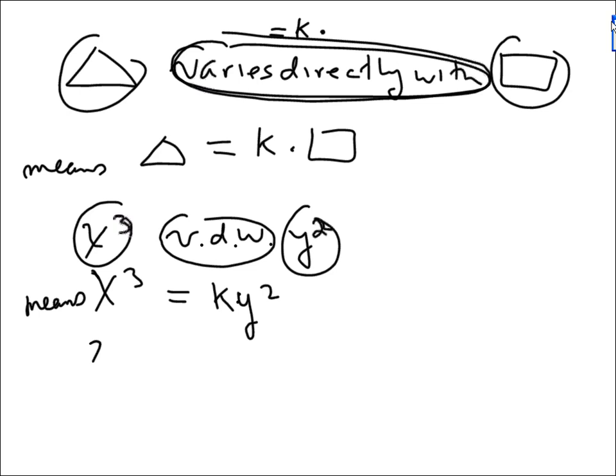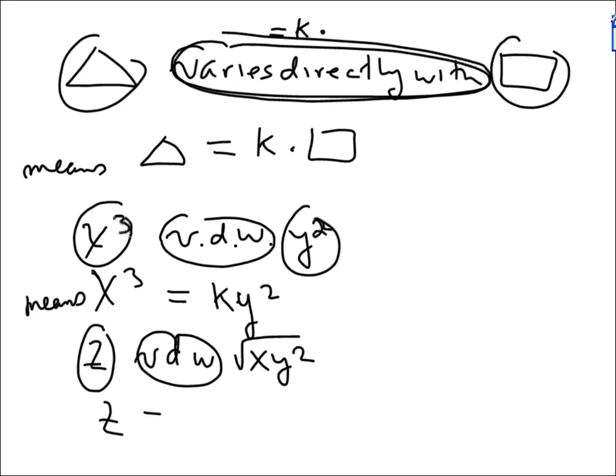If I were to tell you that z varies directly with the square root of x y squared, well, that means z is equal to k times that. Done. Varies directly with, you can think of it meaning equals k times.